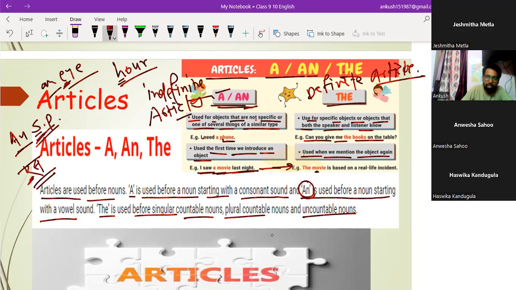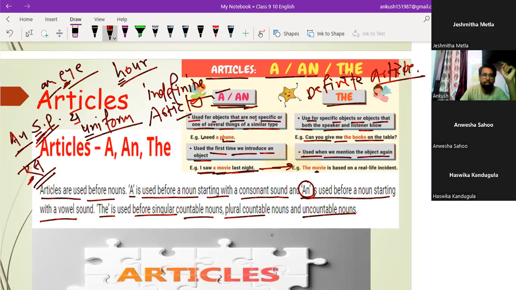Another example you may consider is "uniform". Though U is a vowel letter, its pronunciation starts with a Y sound. Uniform. Which sound? Y. And Y is not a vowel sound. It is a consonant sound.